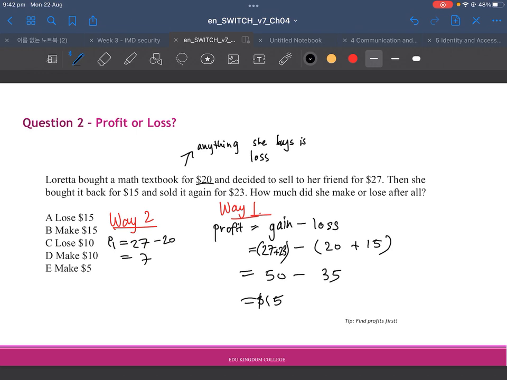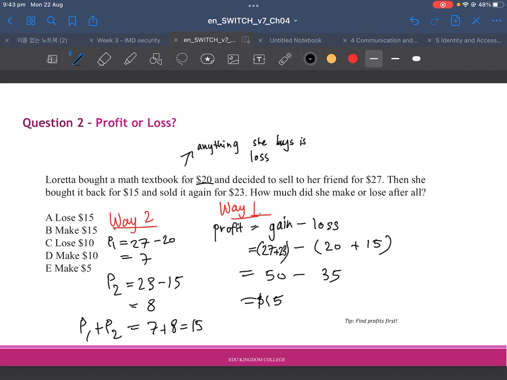That's profit 1. Profit 2, which I'm going to denote by P2, is going to be 23 minus 15. And how much is that? That's 8. So P1 plus P2 will give us our net profit, which would be 7 plus 8, which is 15.